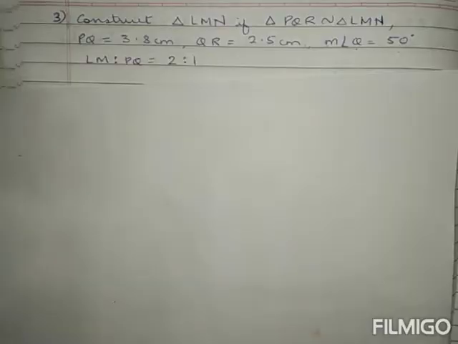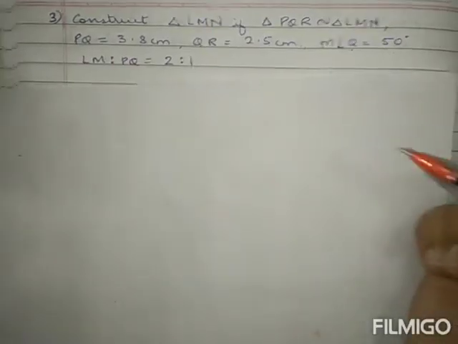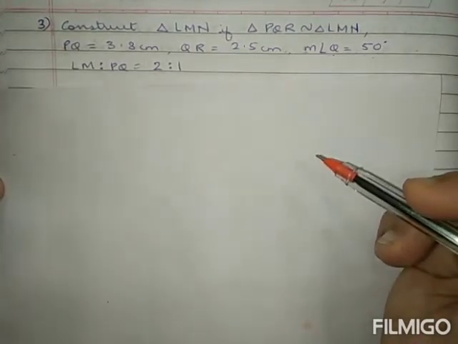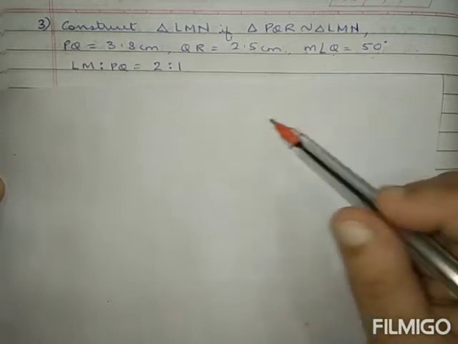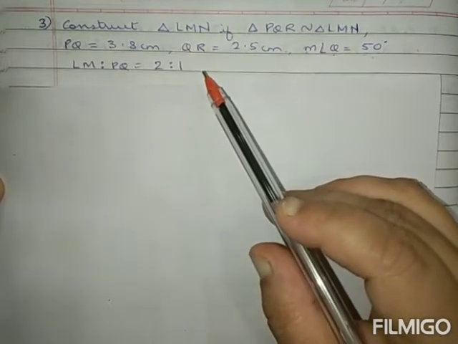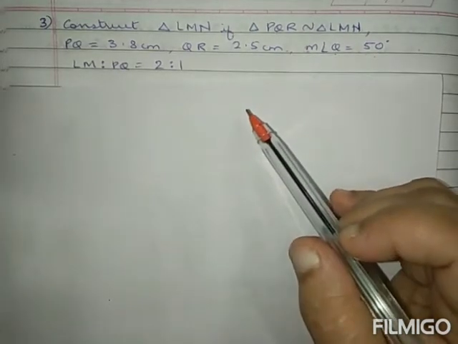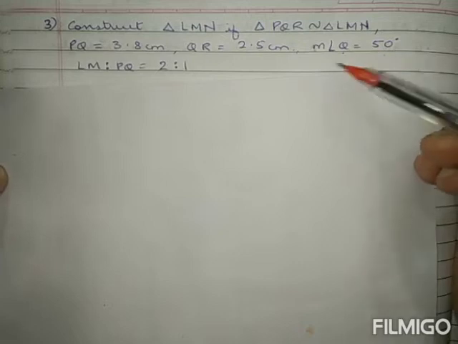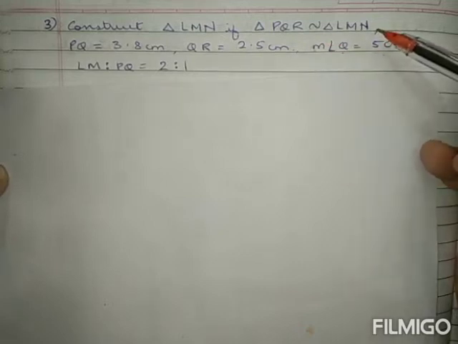Children, the earlier two examples that we have seen for construction of similar triangles without the common vertex had measurements of all the three sides given to you. Now let us look at this example, which is slightly different. Here you have to construct triangle LMN if triangle PQR is similar to triangle LMN.